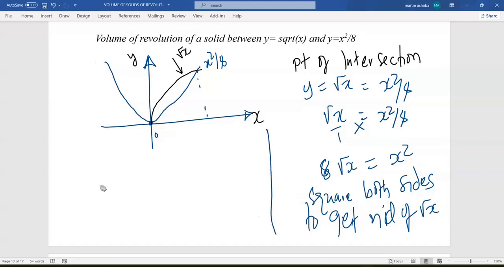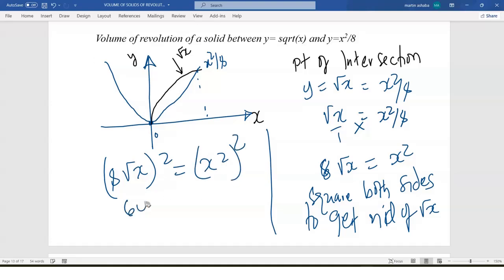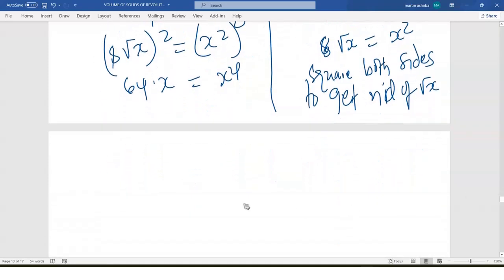So this is going to give us 8 square root of x, squared, is equal to x squared, squared. So this becomes 64 times x, which is equal to x to the power 4. And this becomes x to the power 4 minus 64x equals 0.